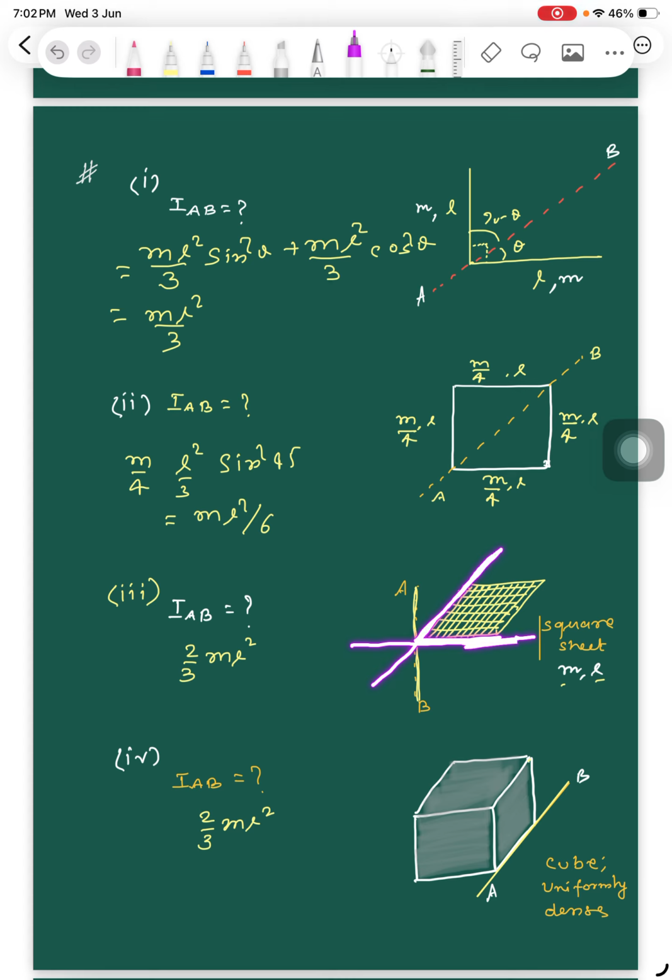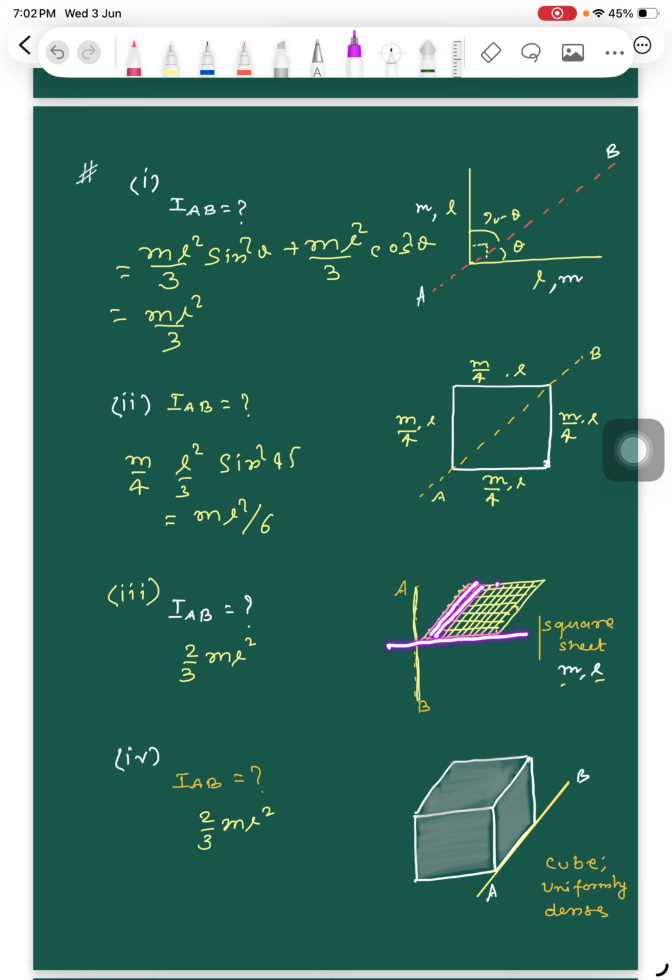And if we can find these two I, we add them by the perpendicular axis theorem, and we will get I about this axis, right?